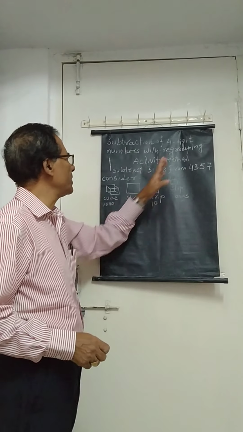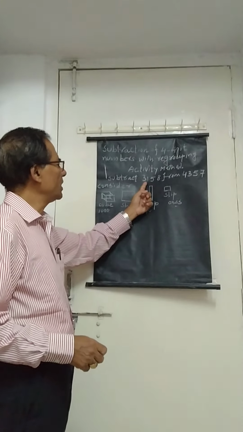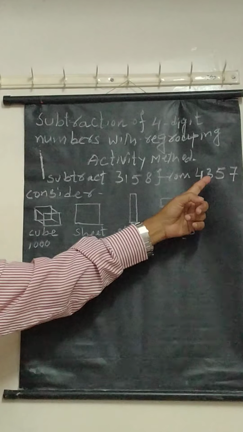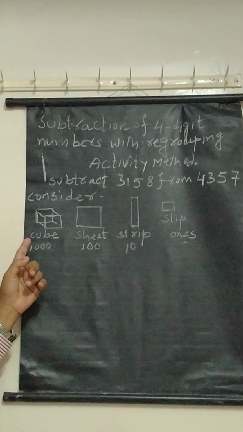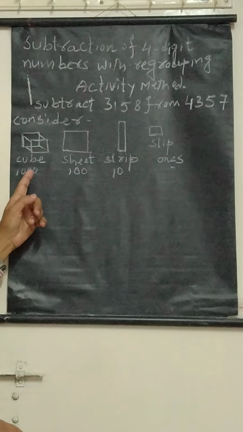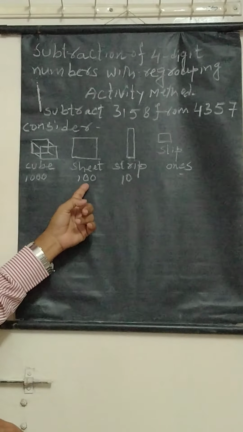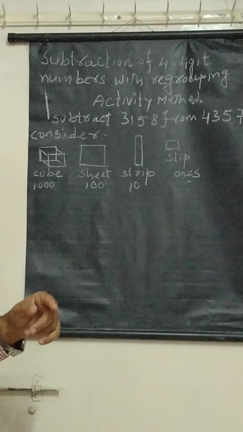Now this is the activity method, and the question is: subtract 3158 from 4357. You already know that a cube stands for 1000, a sheet stands for 100, a strip stands for 10, and a slip stands for ones.